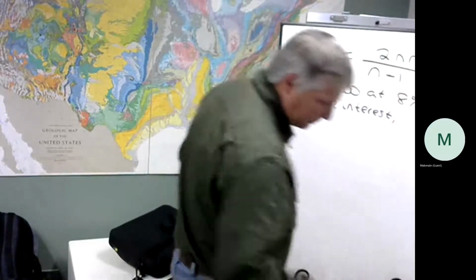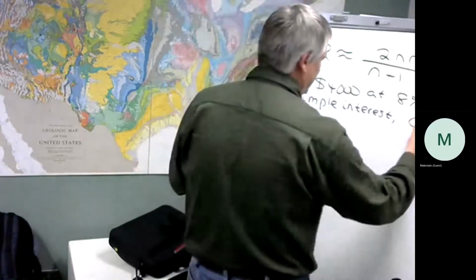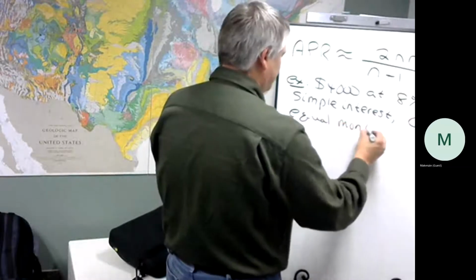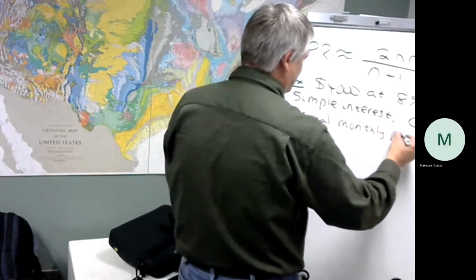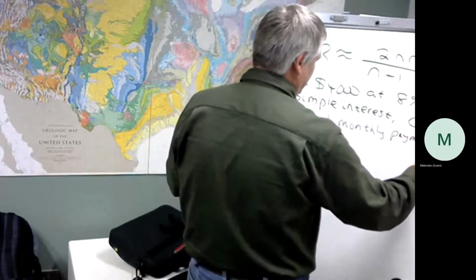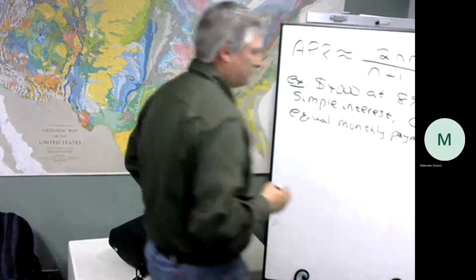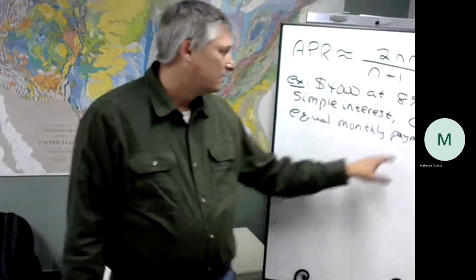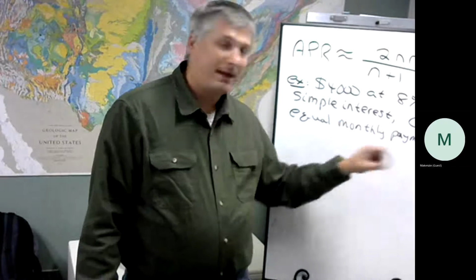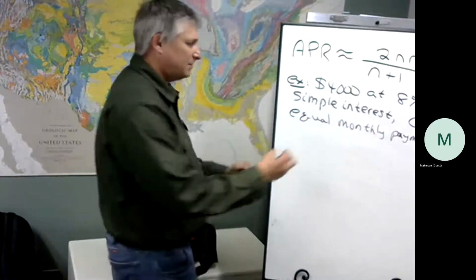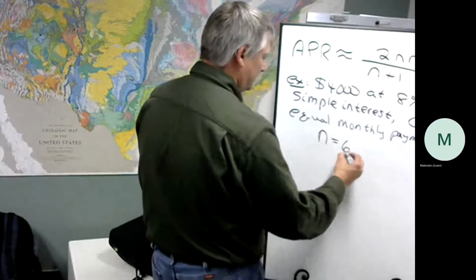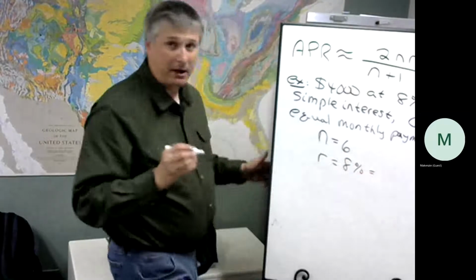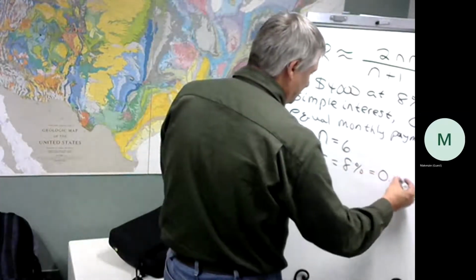And let's say they're going to repay the loan in 6 equal monthly payments. So they borrow $4,000 at 8% simple interest, with 6 equal monthly payments. This means N is 6 and R, which is 8% divided by 100, is 0.08.